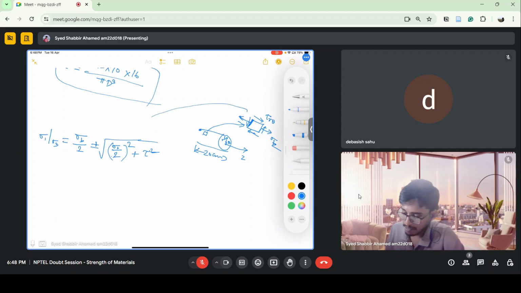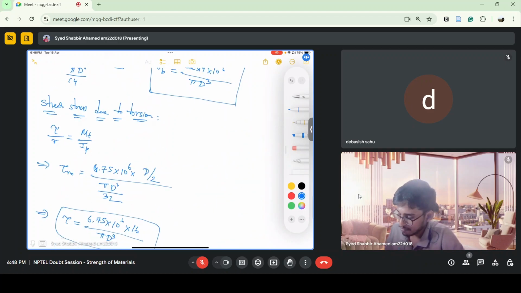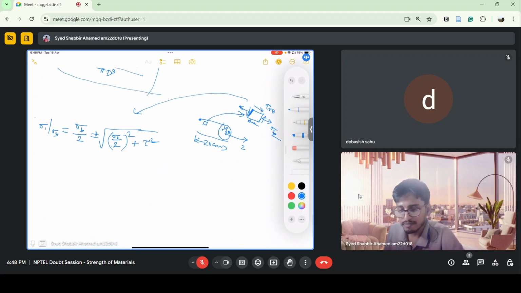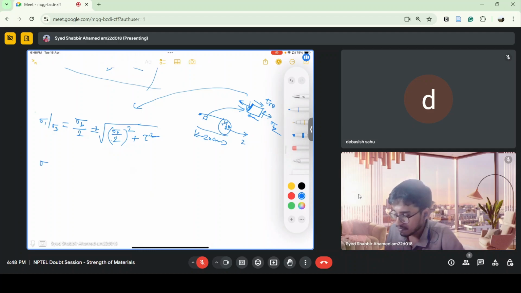So for this element, these are the principal stresses. After substituting whatever I have got, tau and sigma b, say sigma 1 I'll get as, sigma 1 I'll take plus, so 16 into 9 into 10 to the power of 6 by pi d cube.